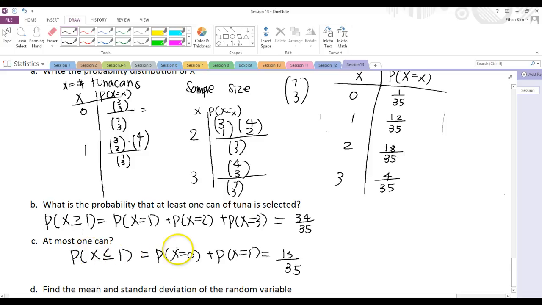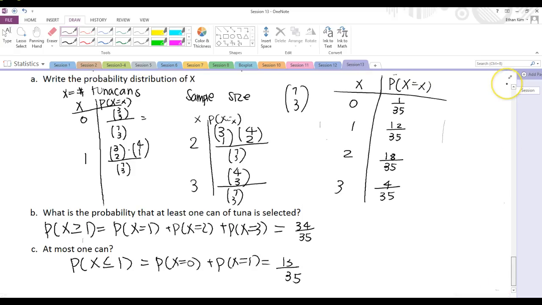Okay? And now we're looking at the mean and the standard deviation, right? So why don't we just work on it right here? To find the mean, or the expected value, we just multiply the random variable by its probability, right?